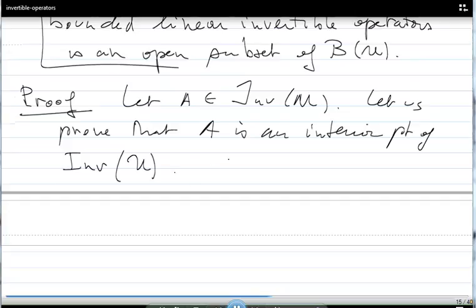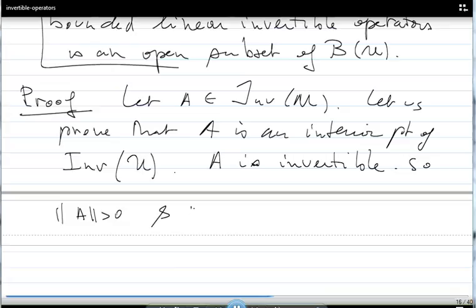So A is invertible, so the norm of A is positive and the norm of A inverse is also positive. Both are not equal to 0.